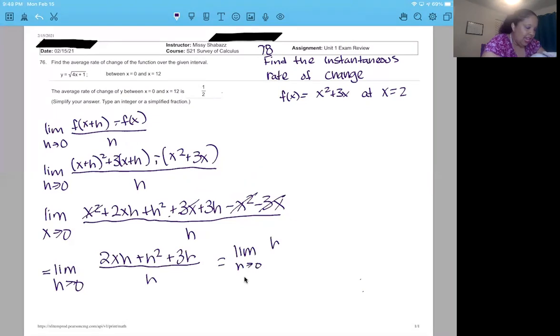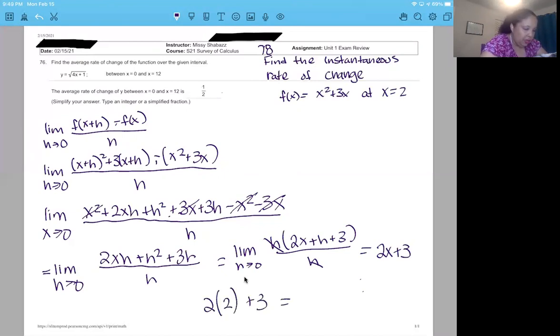I'm going to factor out an h from the numerator, and I get 2x plus h plus 3, all over h. And when I plug in h equals 0, I get 2x plus 3. I want the instantaneous velocity at 2. So I have 2 times 2 plus 3, which equals 7.